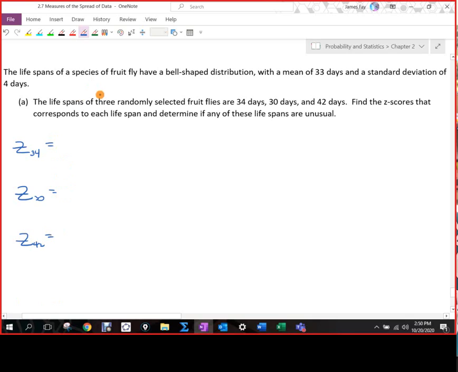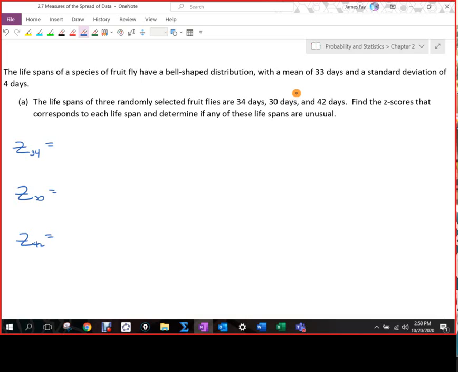All right, so it says the lifespan of a species of fruit fly has a bell-shaped distribution. When I look at these 3 fruit flies, do I know the population? Or am I talking probably about a sample here?